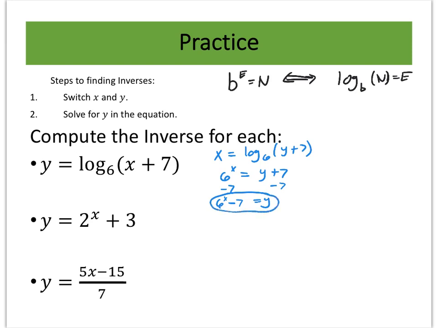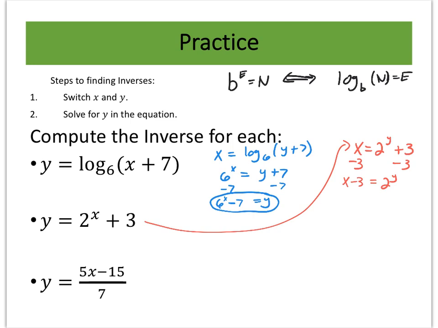Right, here we've got an exponential function, so we're probably going to do the same thing but with a logarithm. I'm going to just switch the x and the y. So x equals 2 to the power of y plus 3. I'm going to take 3 away from both sides because I'm going to try and do PEMDAS backwards as best I can. x minus 3, because I have to undo addition before I undo the exponent, equals 2 to the power of y.